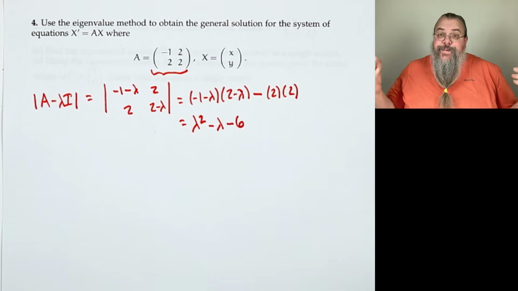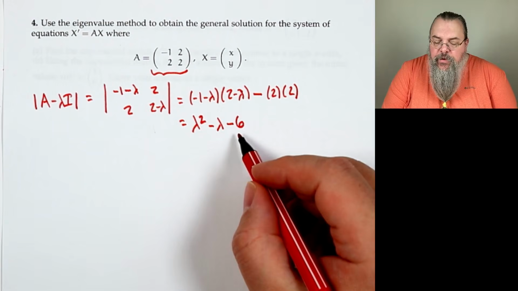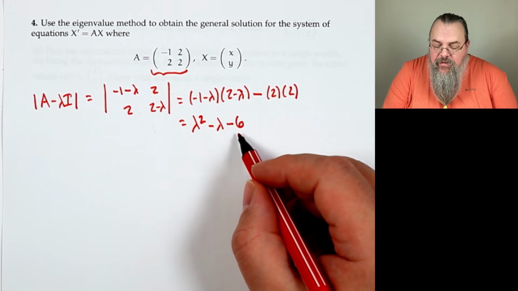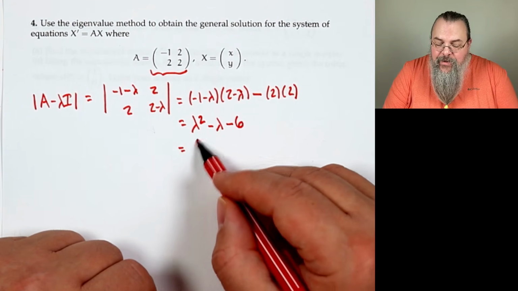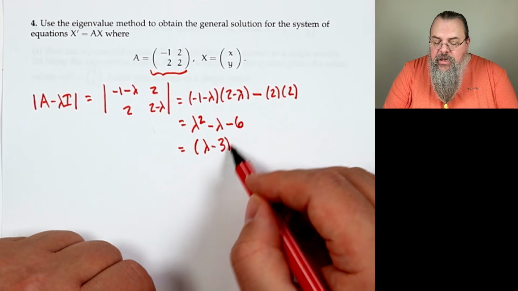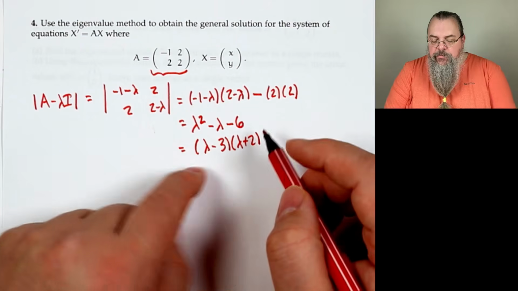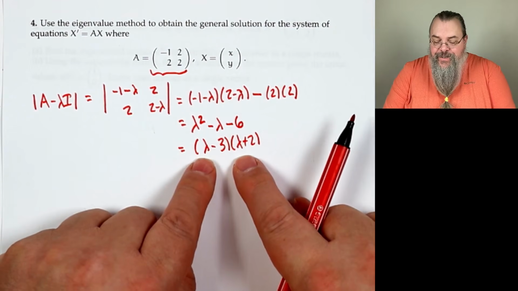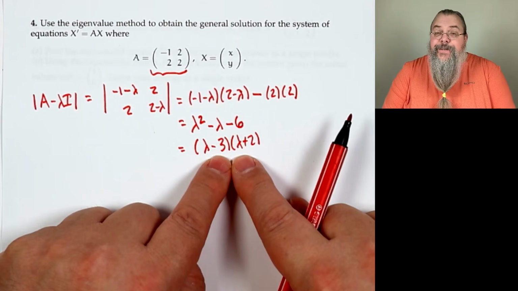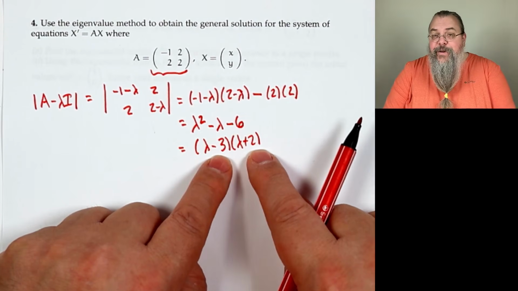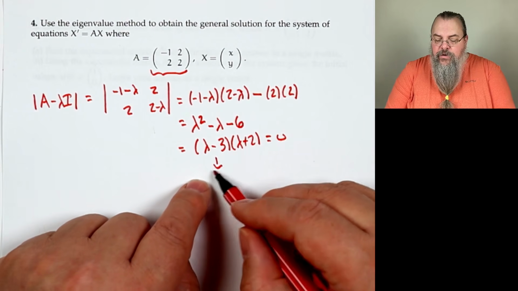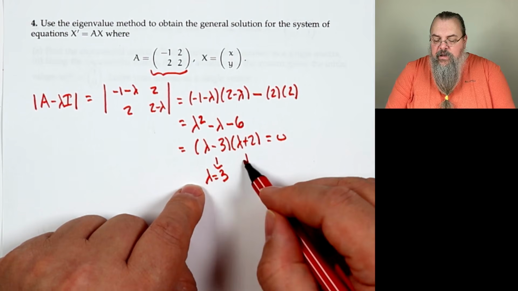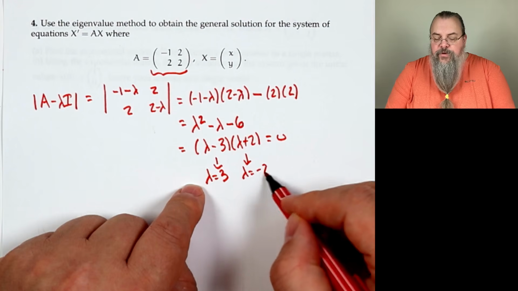Does it factor? Two things that multiply to minus 6 and add to minus 1: lambda minus 3, lambda plus 2. Let's check. Lambda squared, good. 2 lambda minus 3 lambda is minus lambda, and negative 3 times 2 is negative 6. Set this equal to 0, and we get two eigenvalues, 3 and negative 2.